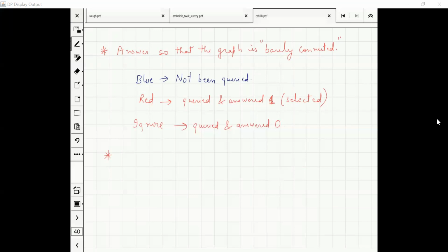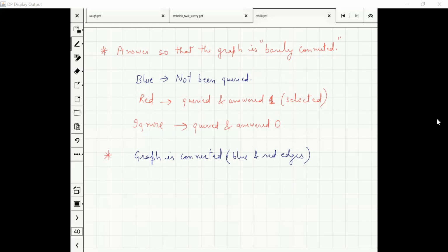Because blues are the ones which are left to be queried. If using all blue edges I can't keep the graph connected, then there is no hope. So however I answer, I should make sure that if I look at all the blue and red edges, whatever I got is connected.